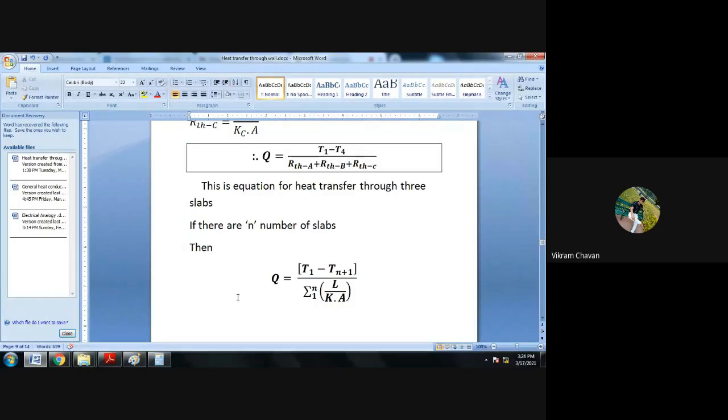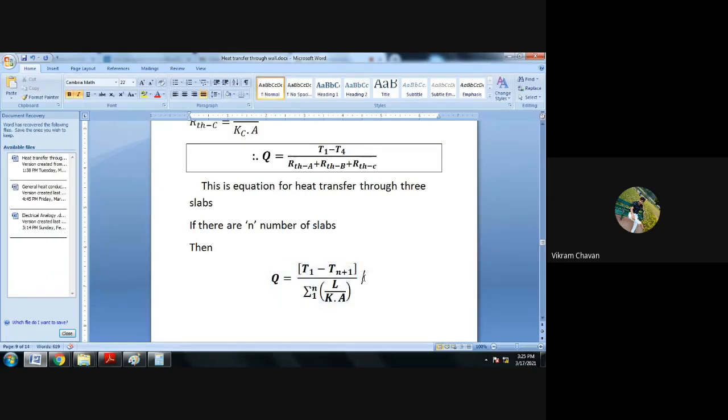If there are n number of slabs, then Q is equal to [T1 minus T suffix n plus 1] whole divided by the summation from 1 to n of L divided by K multiplied by A. That is the total summation of all the resistances.